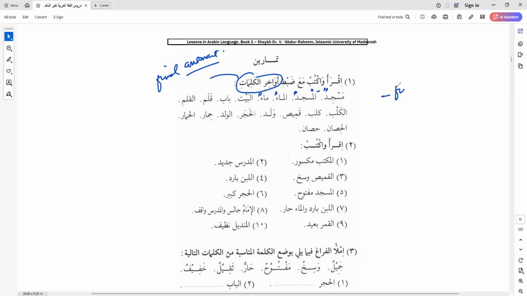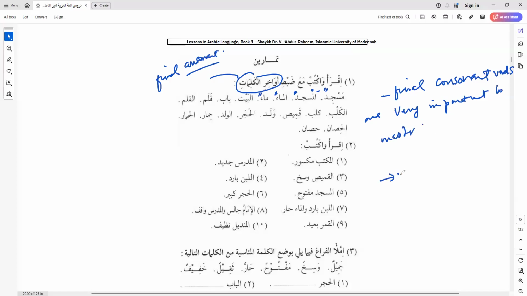Remember, final consonant vowels are very, very important to master. And that's what we did.